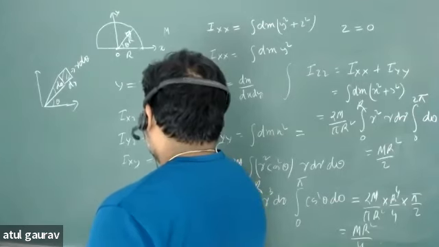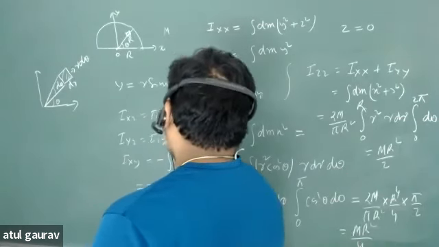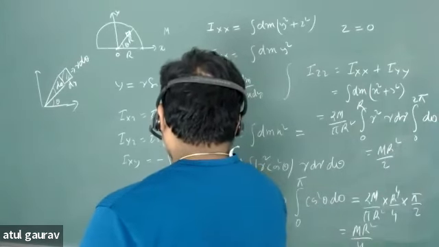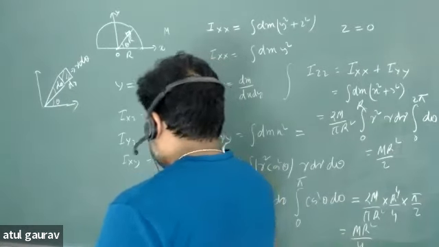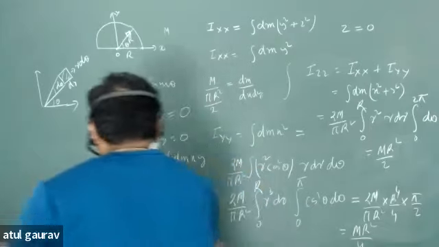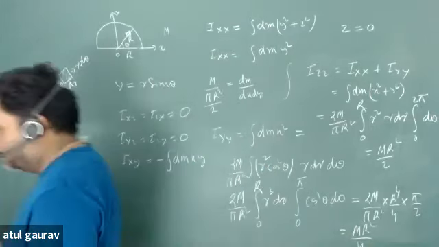What will be this particular dm? Minus 2m upon pi r square. What will be x? r cos theta. What will be y? r sin theta. So I have to use some space. I will do it from here. Teaching on one board is very tough.